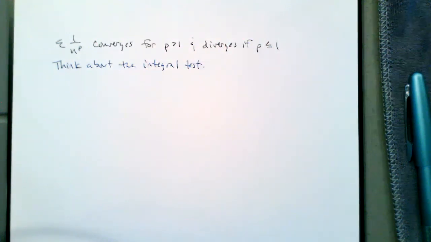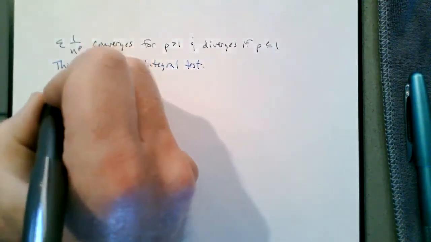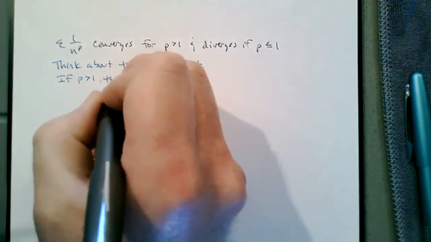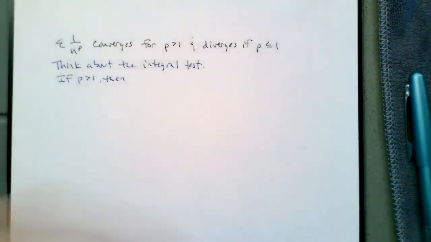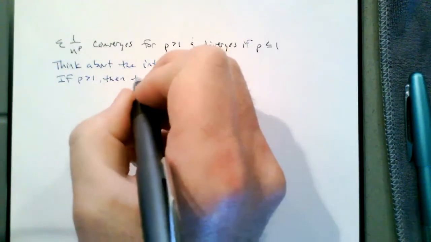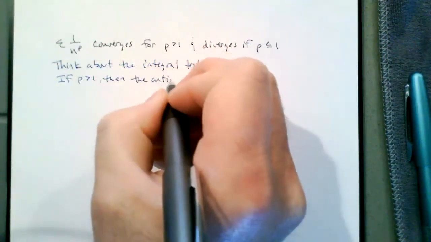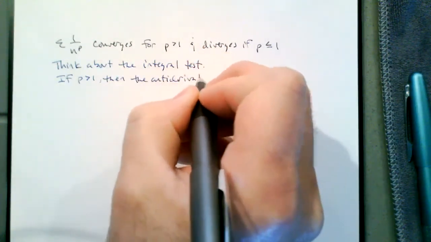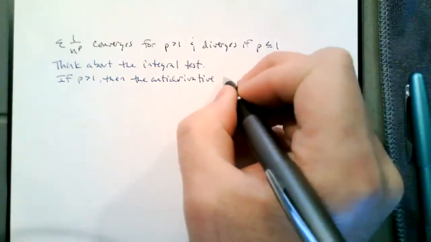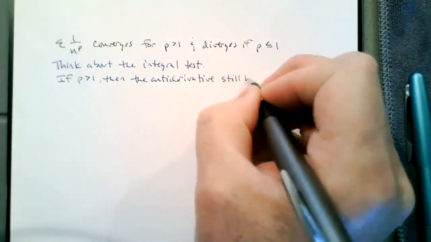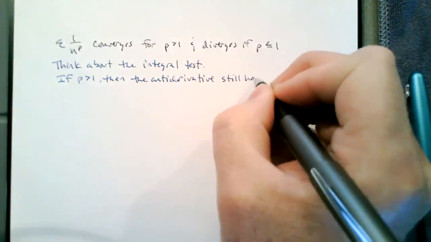When we add 1 to the exponent, if p is greater than 1, then n is still in the denominator. So if p is greater than 1, then when we integrate, the antiderivative will still have an n in the denominator.